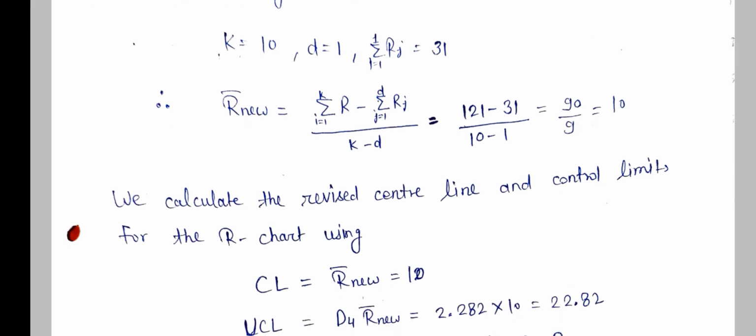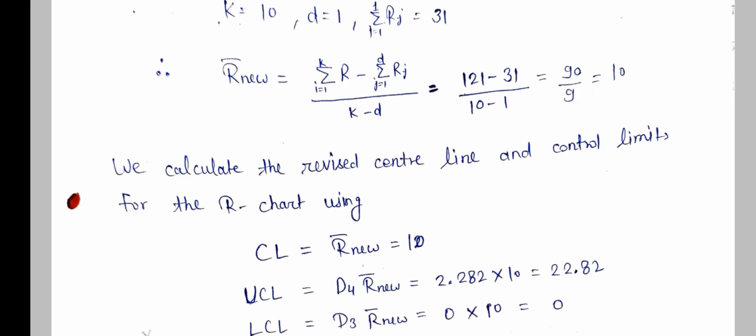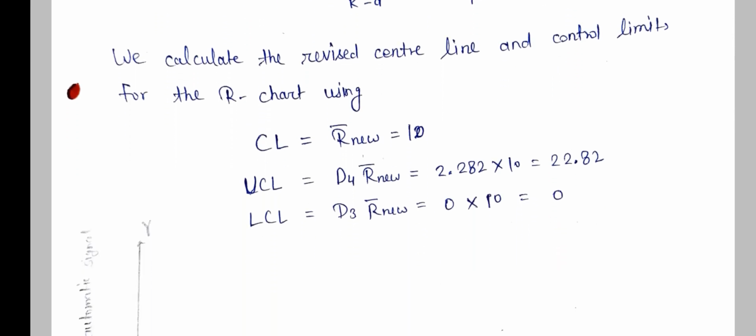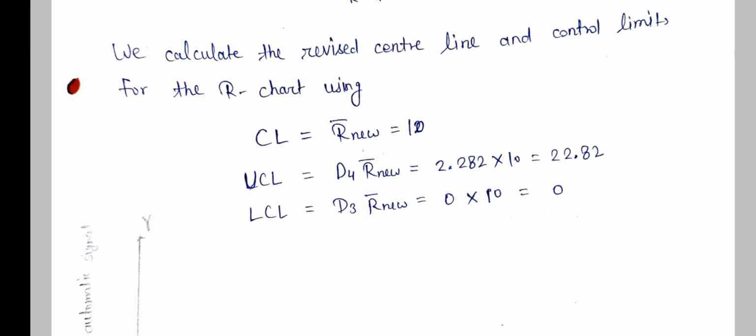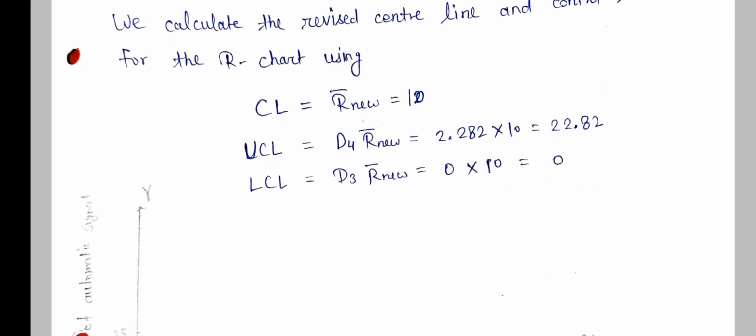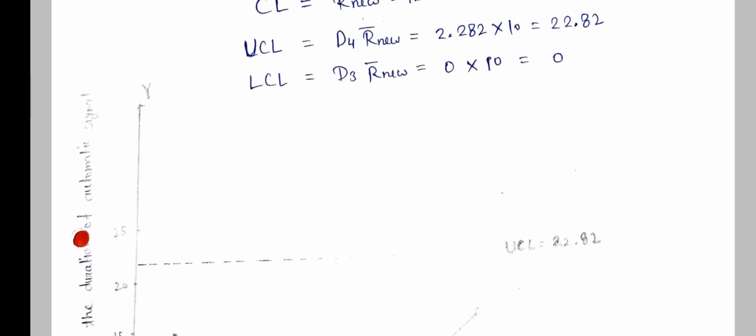So sigma R was 121, minus 31, because 31 is the value outside the control limits, and 10 minus 1. Now R bar new is equal to 10. The values of CL, UCL and LCL are now 10, 22.82 and 0.